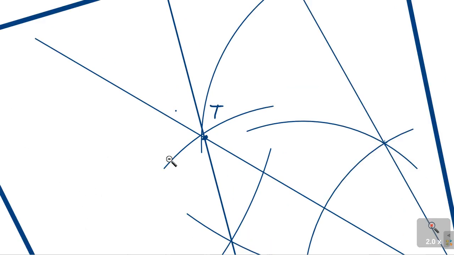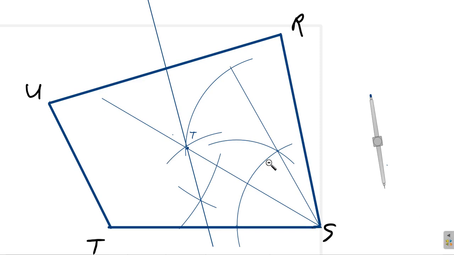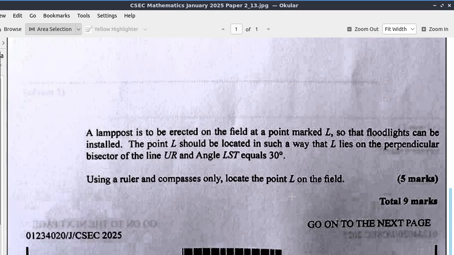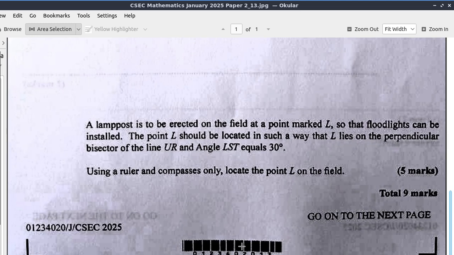So L is going to be right at this intersection. So that's where L will be located. So you see that? And as I say, show our construction lines. Alright, so that is question 3.